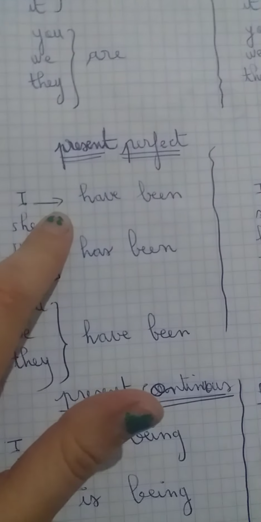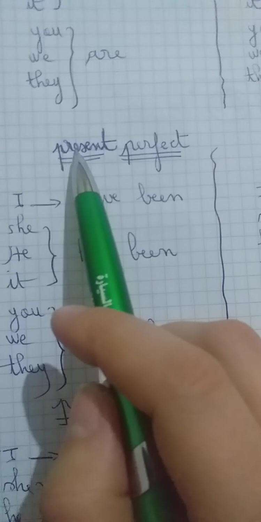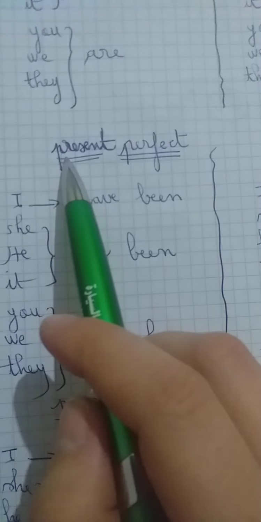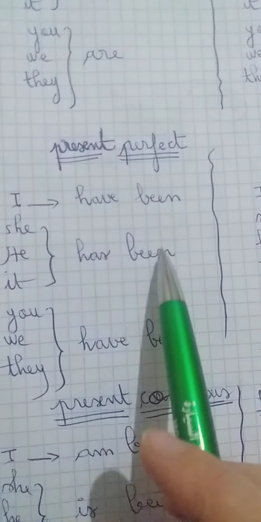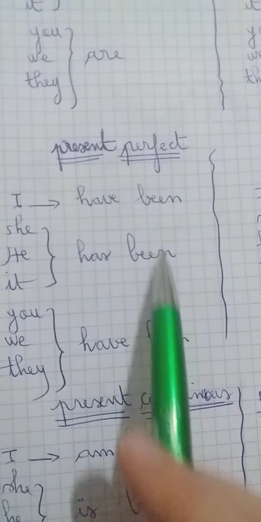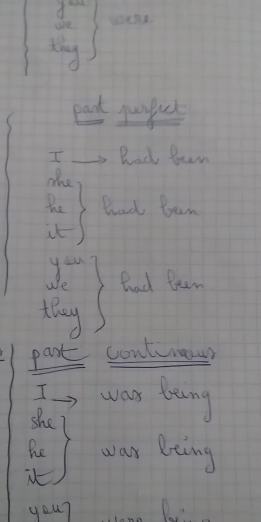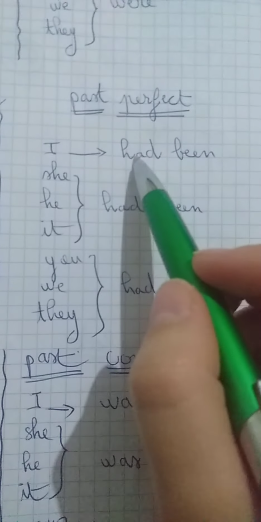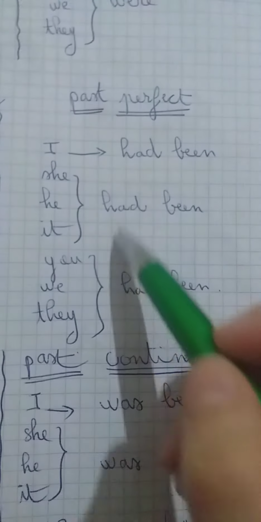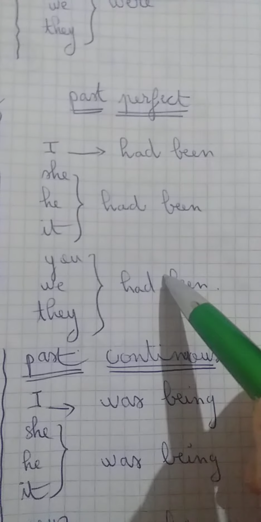The same rule, but you will put the auxiliary to have in past simple, and you keep the same past participle. The past simple of the auxiliary to have is had, and the past participle of the auxiliary to be is been.